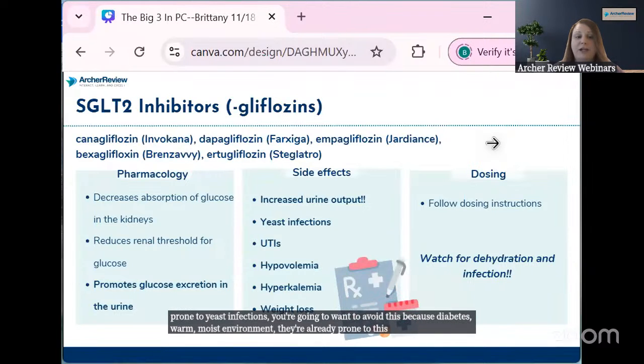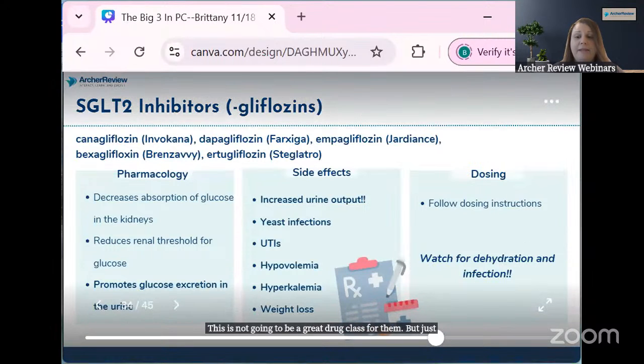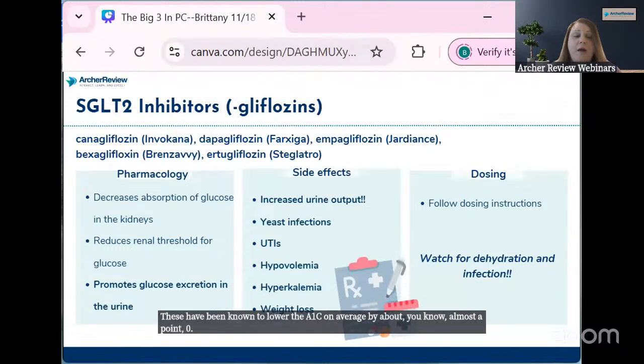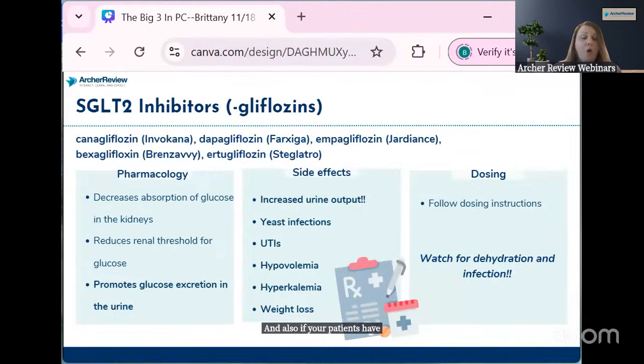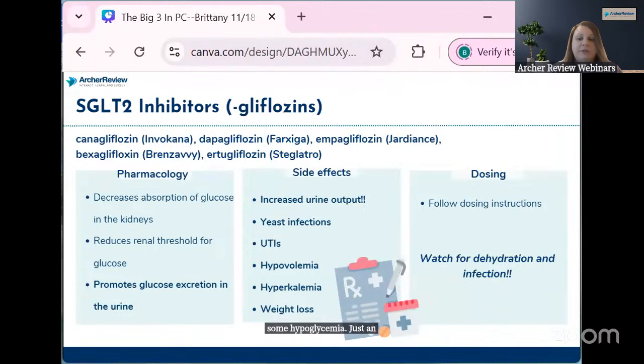This is not going to be a great drug class for them. But just FYI, these have been known to lower the A1C on average by almost a point, about 0.7%. Also, if your patients have renal failure or are older adults, because this can create some hypoglycemia, really just proceed with caution.